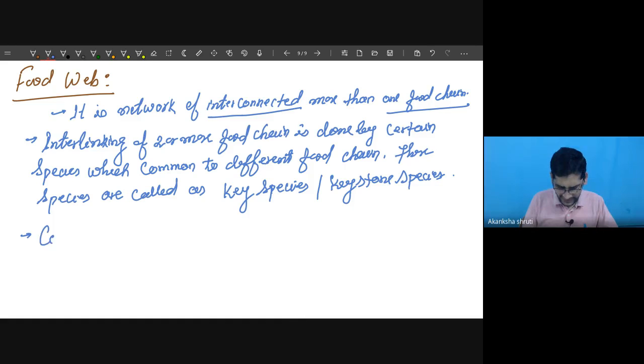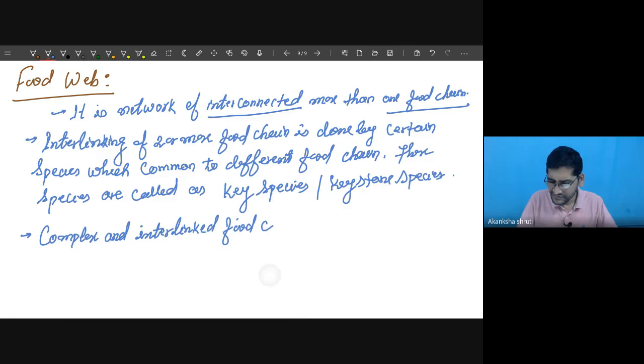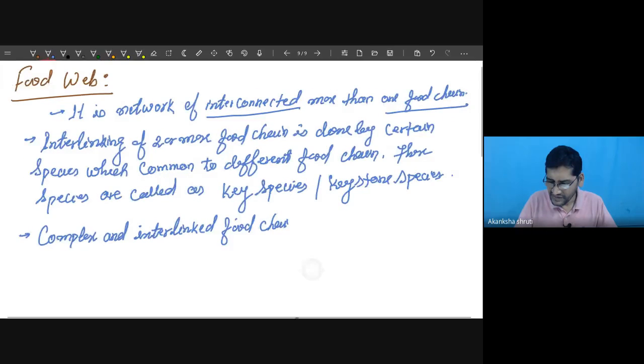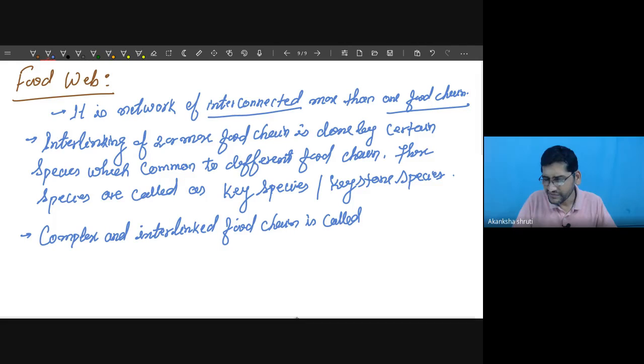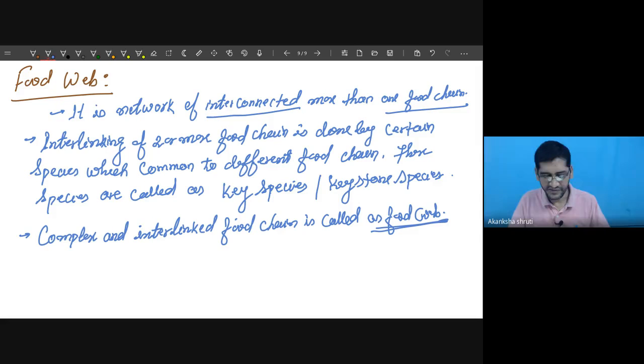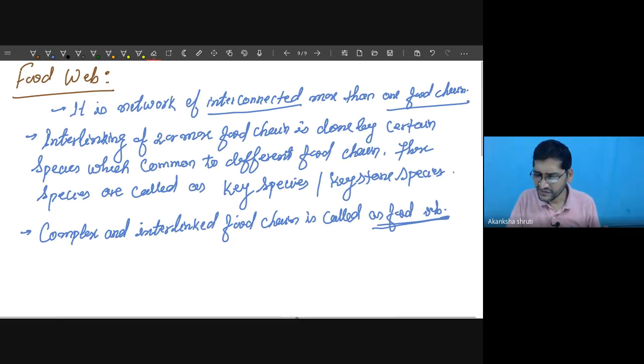So complex and interlinked food chain is called a food web. It's so simple. Okay, so food web, let us write one example of food web.